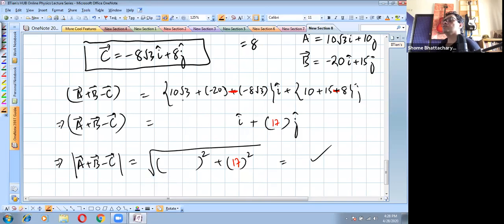This is becoming 10 root 3 plus 8 root 3. So that is 18 root 3 minus 20. And this is 10 plus 15 minus, okay, that's fine. So this is 18 root 3 minus 20.